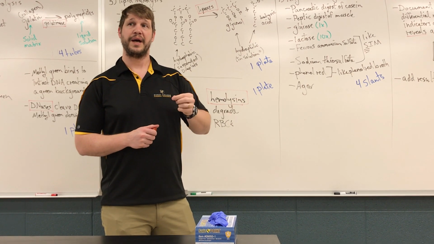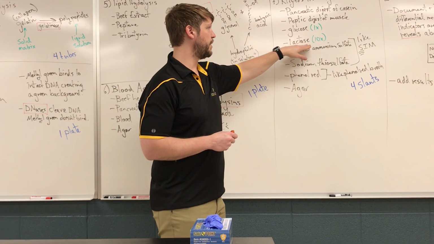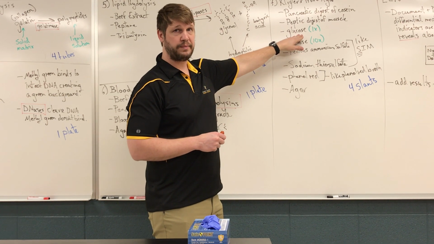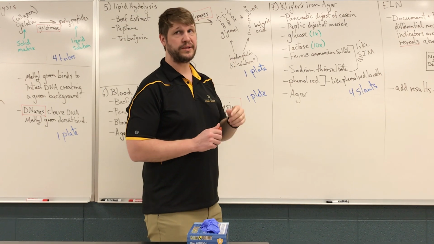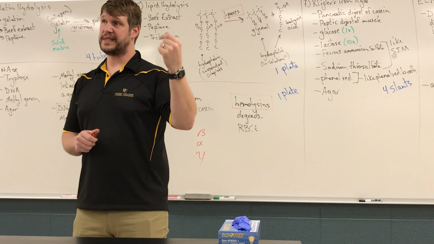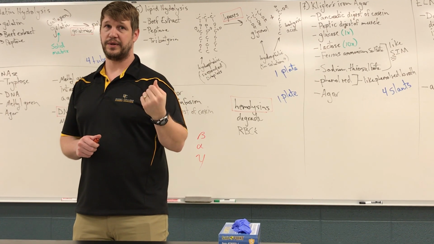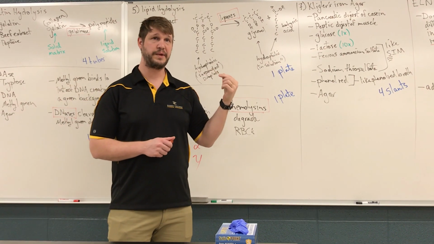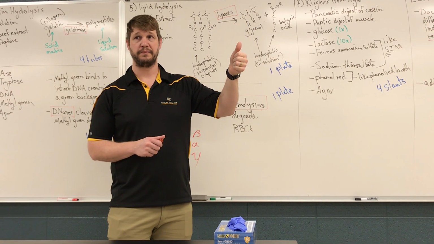Okay? However, if an organism is capable of using glucose but not lactose, once this glucose gets used up, it's going to start using protein as a source of energy. And when it does, it's going to have to deaminate all those amino acids to use them as sugars. And the production of ammonia in the media is going to drive the pH up, right? It's going to make it more alkaline.